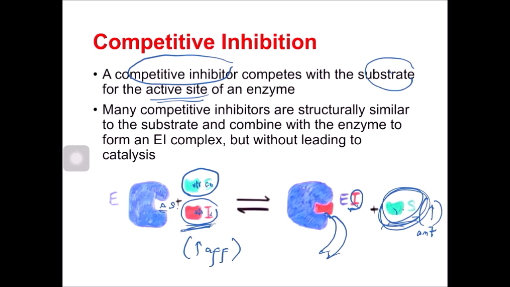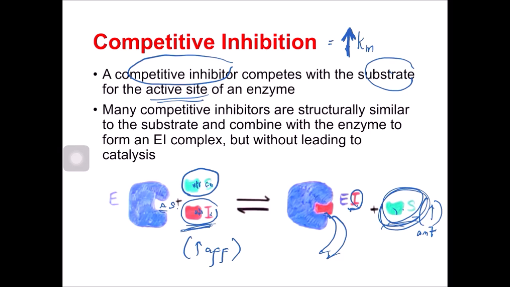So how does this reflect on the Lineweaver-Burk plot? Tandaan natin sa competitive inhibition, since pinaparami natin ang substrate concentration, affected dito ang Km. So tumataas ang Km, because we need a greater concentration of the substrate.